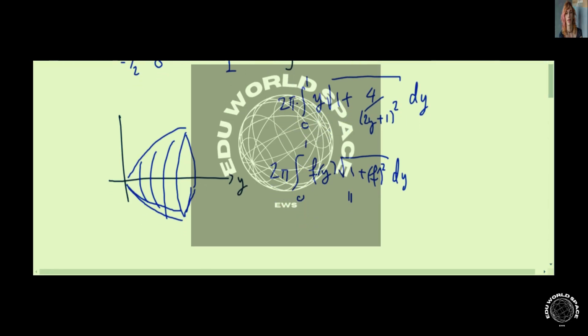So this integral is equal to 2 pi times the integral from 0 to 1 of the natural logarithm of 2y plus 1 times the square root of 1 plus 4 over 2y plus 1 squared dy.